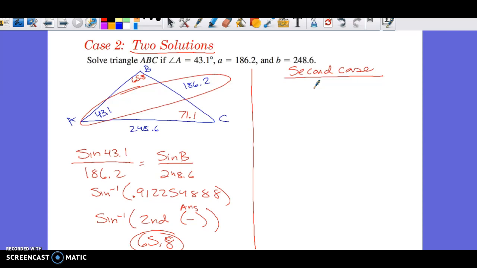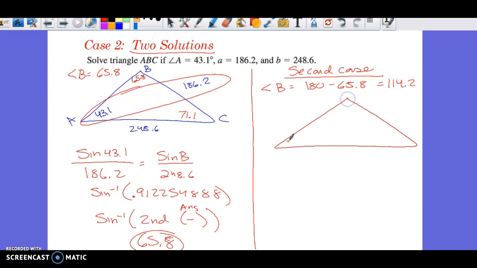So when I found angle B, I got 65.8. There's a second case for angle B, which is when I do 180 minus 65.8. And that is 114.2.